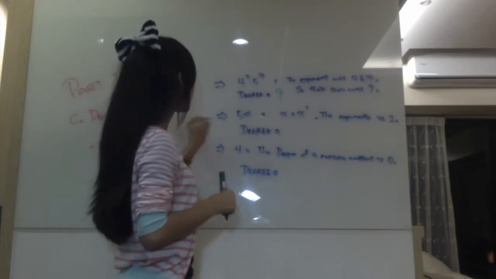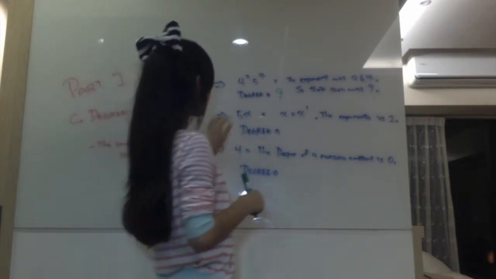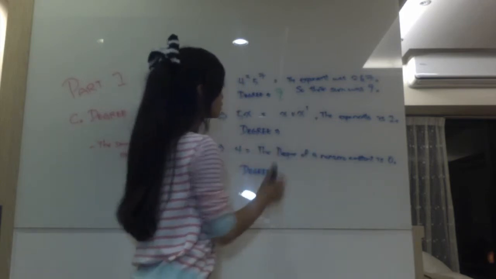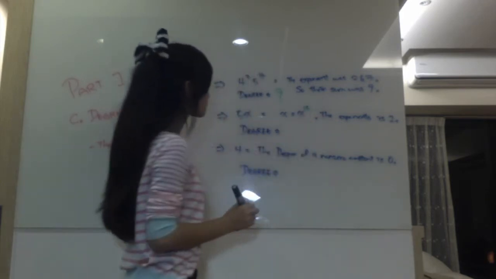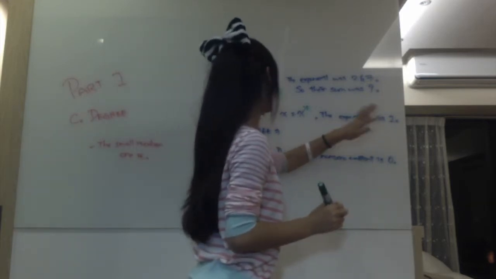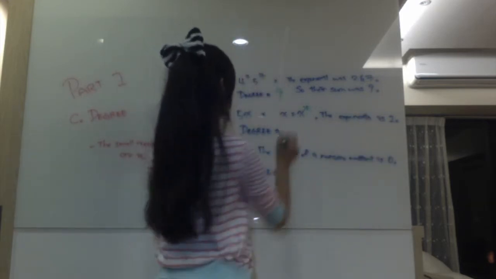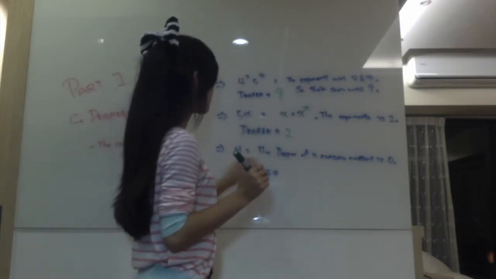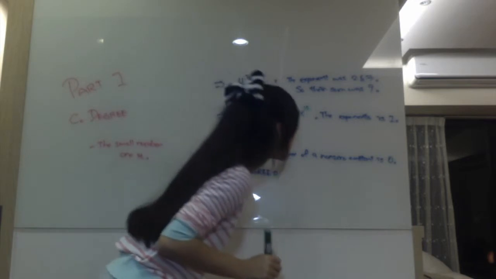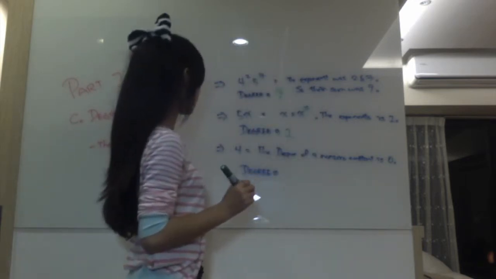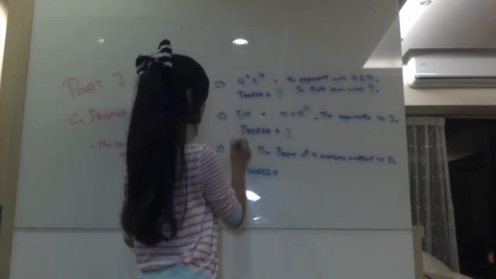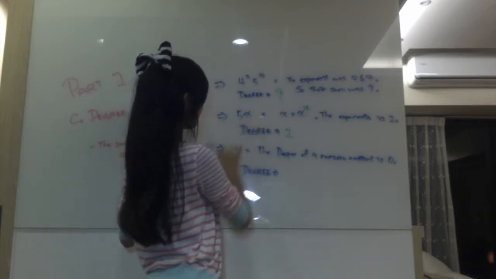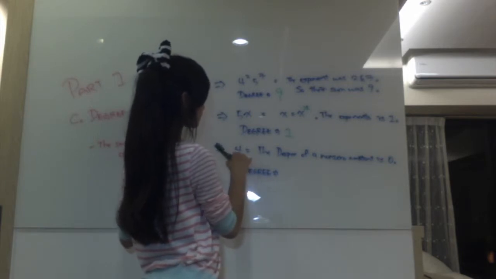Next one, 5x. So x is equal to x¹, but we don't need to write the 1 out. So the exponent is 1. So the degree of this one is 1. The next one, 4. The degree of a non-zero constant is 0. It didn't have any exponents on it, and it didn't have the x or y variables.